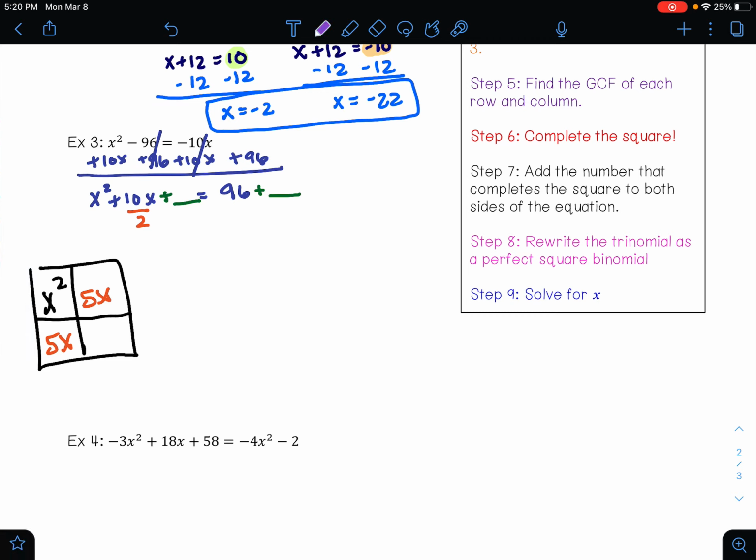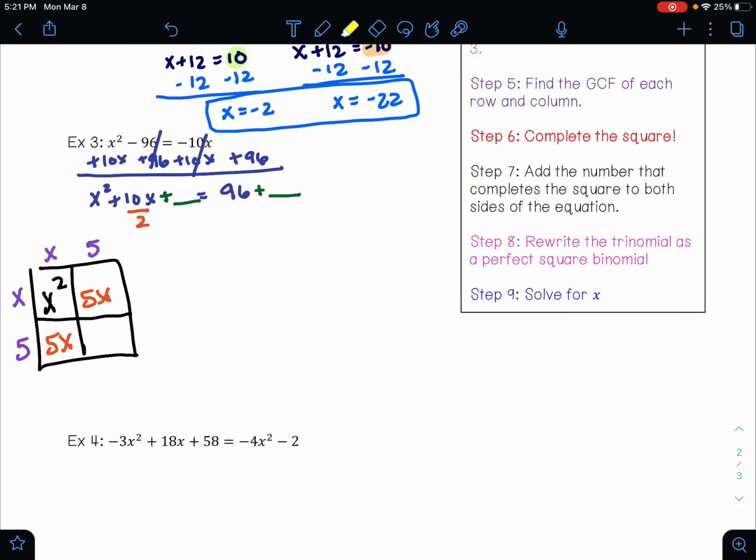The greatest common factor between x squared and 5x is x. x times 5 would give me a 5x here, and x times 5 would give me a 5x here.